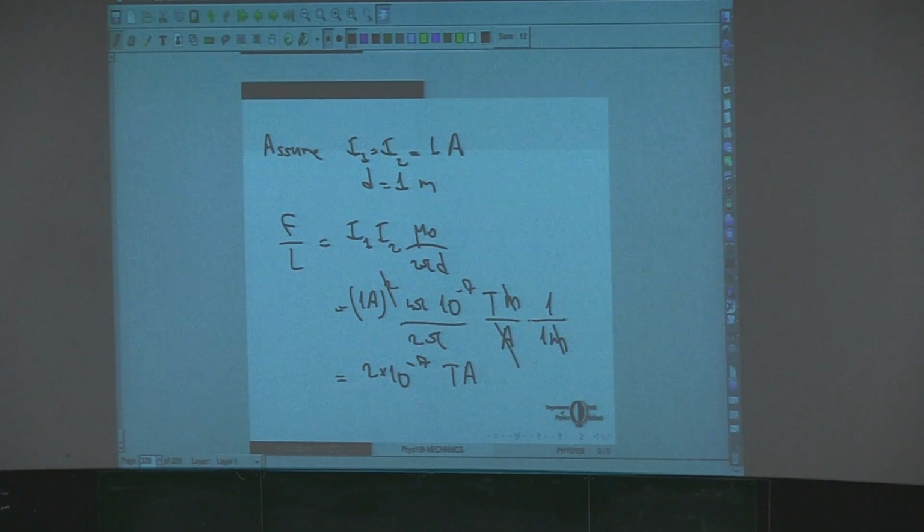Now this should be newtons per meter, sorry. This is the force per length, so this should be newtons per meter. Is Tesla ampere meters, newtons per meter? Yes. Newtons per meter. The units are correct.